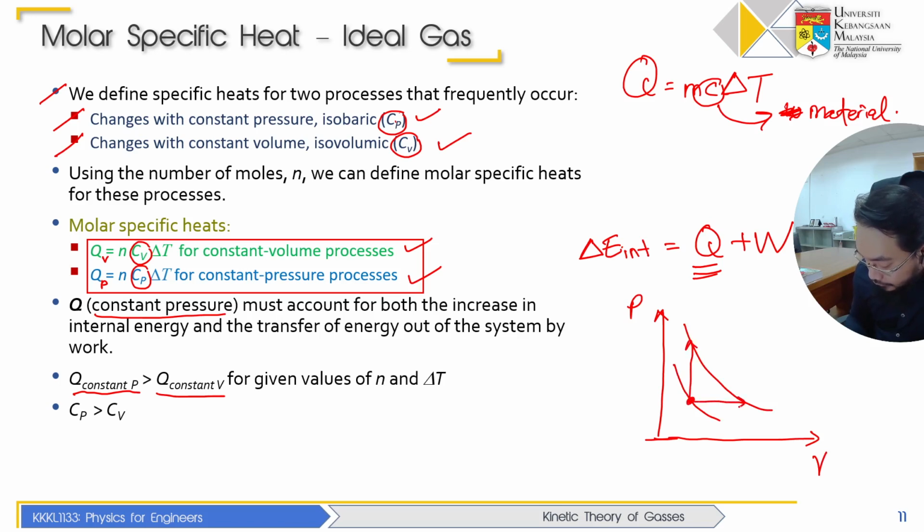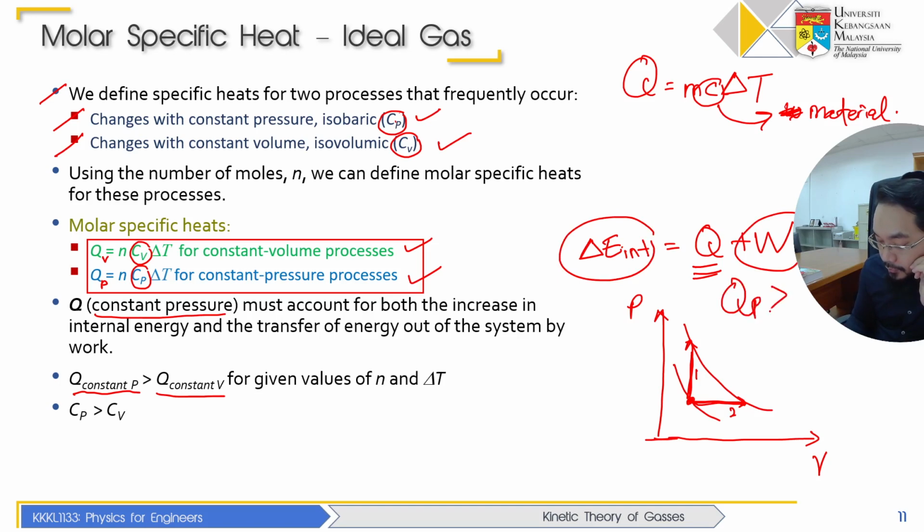So this is 1 and 2. 1 is a constant volume process, 2 is a constant pressure process. Since for a constant pressure process we have to take into account both the change in internal energy and also the work W, therefore Qp must be bigger than Qv.